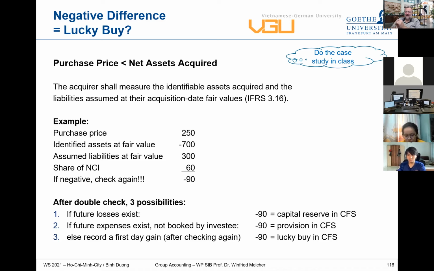The other idea would be, if you have future losses and you now have a negative difference, you would put that in as a lucky buy, or as a gain, which you have because of purchasing net assets that you pay less for, so you have a gain. In this period, you will show a gain from the acquisition, and in future periods, when the losses are materializing, then you would have a loss.